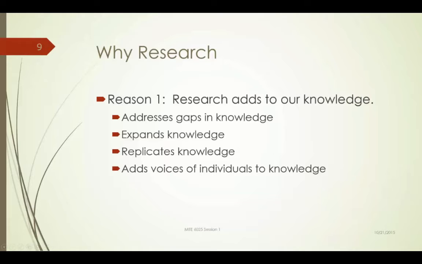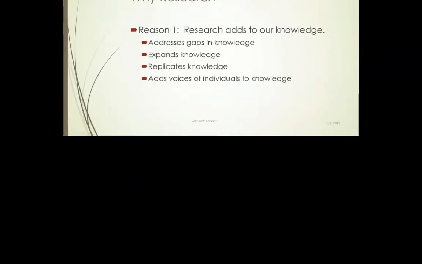The fourth one is to add the voice of individuals to knowledge. In most research, we investigate a group, but sometimes some individuals' knowledge or experience is also very important. So the first reason is to add to the knowledge or theory in our understanding.